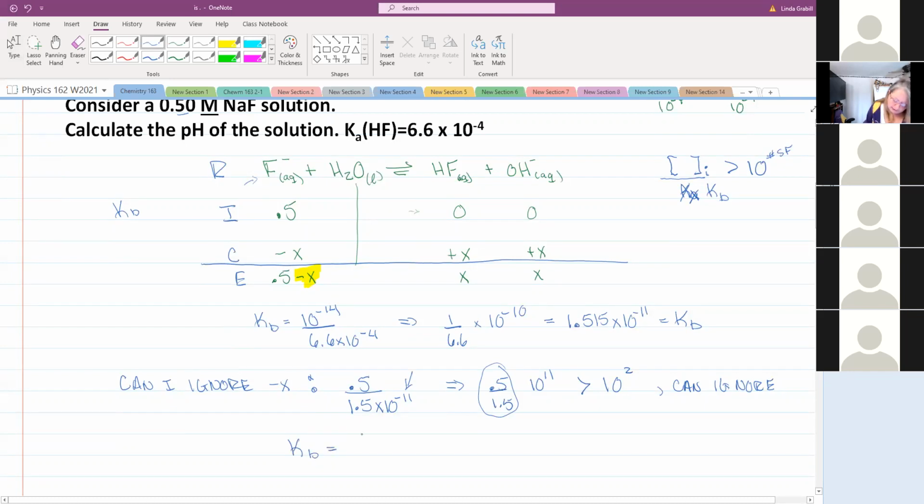So then I'm going to have Kb equals what? What's my expression for Kb? What is my equilibrium expression for Kb?